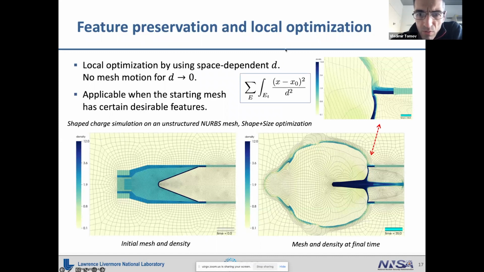Other things we can do with the meshes, we can do local optimization. You can pick regions where you don't want to change the mesh or change it less. For example, here I think we exactly preserve this region because the users requested that, while we optimize where things are happening.